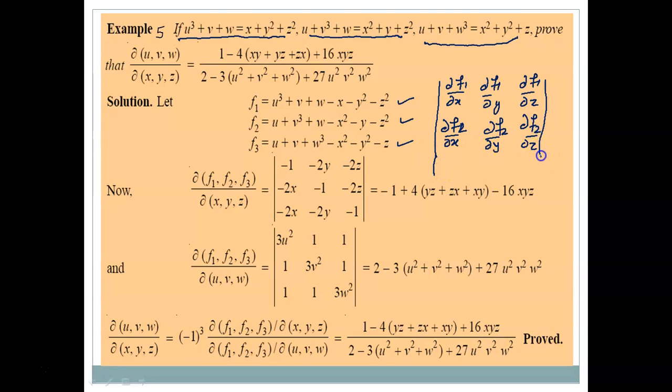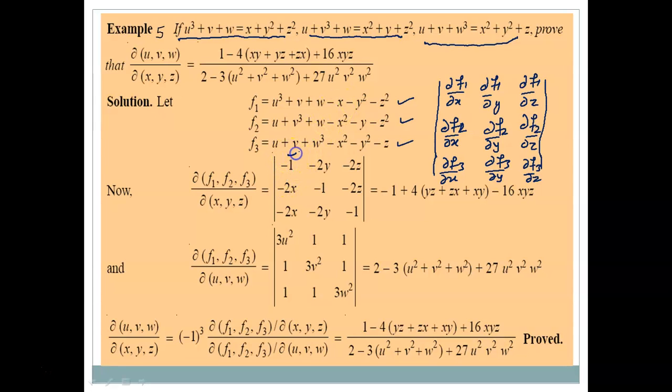And for the third row, we have ∂f3/∂x, ∂f3/∂y, ∂f3/∂z. From here you can see that ∂f1/∂x is equal to −1.